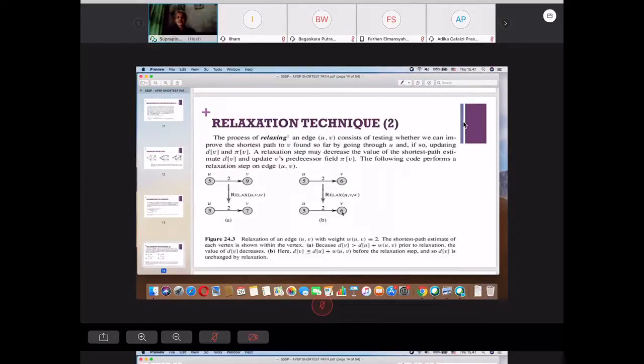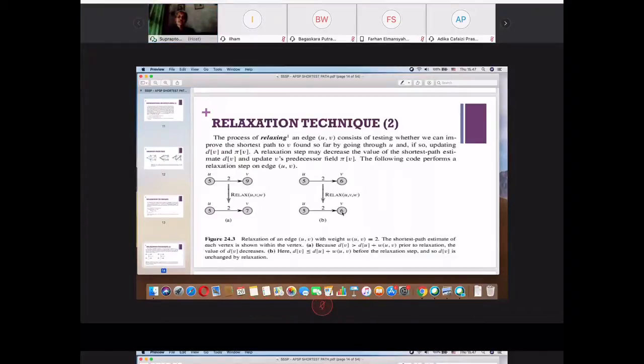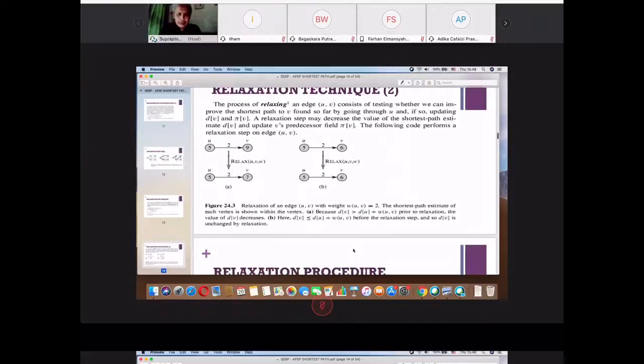That's not good, right? So figure B is not relaxation, or we don't do relaxation for it. Okay.